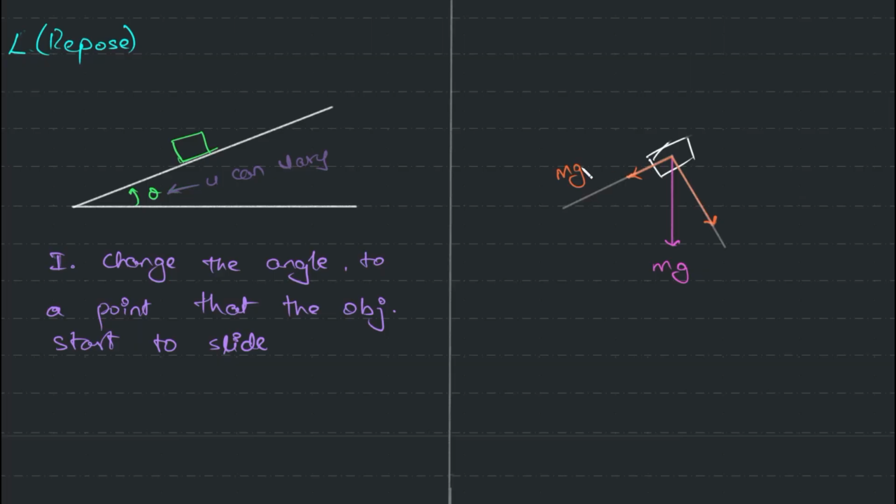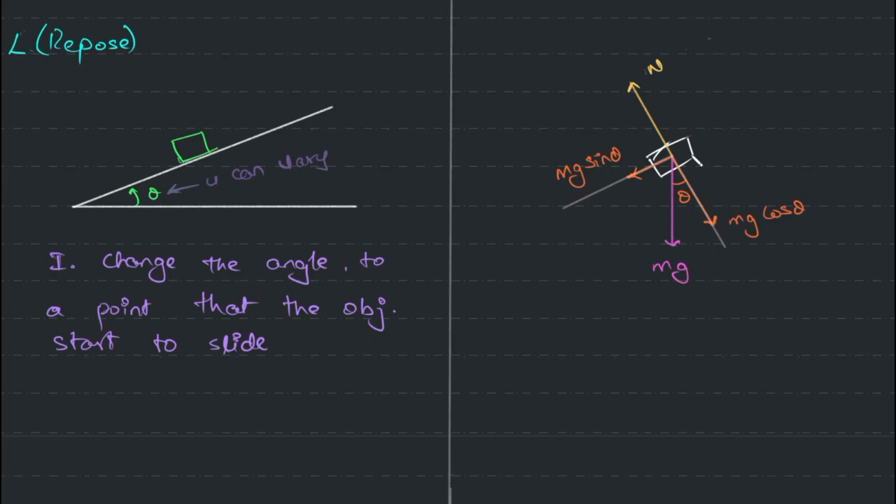This is the component which will make the object slide, I think it's sine theta. So this is theta and this will be mg sin theta. This is mg cos theta. And of course you have your normal force N which counters the mg cos theta. It has to be equal to this. So this is your free body diagram.